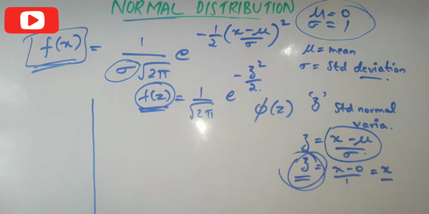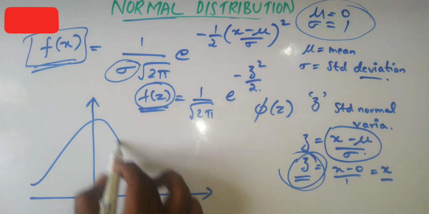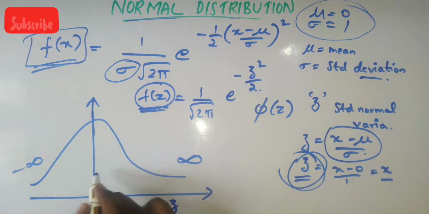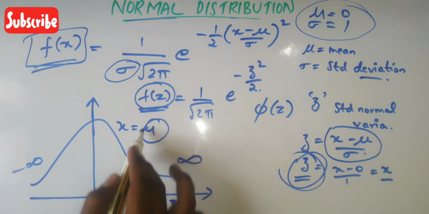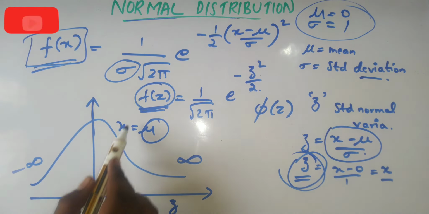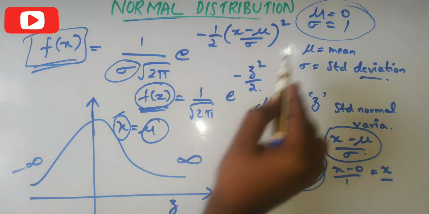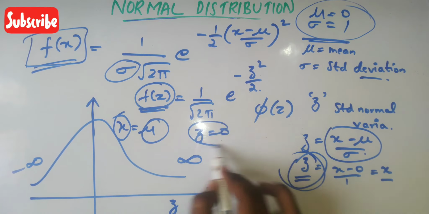Redrawing the graph for this f of z function, it looks similar to this, where z will be varying from minus infinity to infinity. In the previous case, on the y-axis, x is equal to mu. Now we know that mu is 0, and we know that x is z for this condition. So it's basically z is equal to 0.